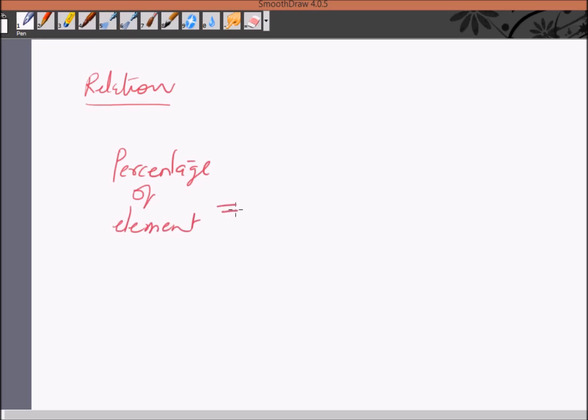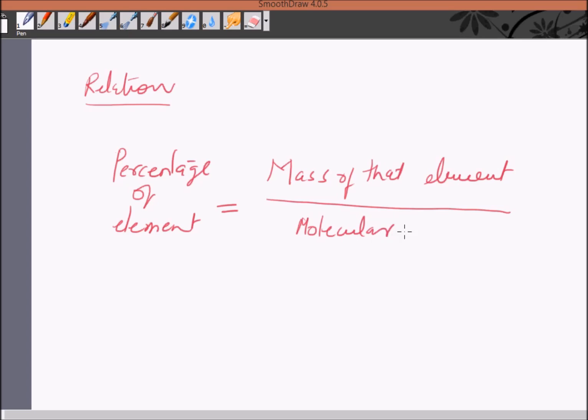Yes, we use this relation: percentage of an element is equal to the mass of that element in the compound upon the molecular mass of the compound into 100.